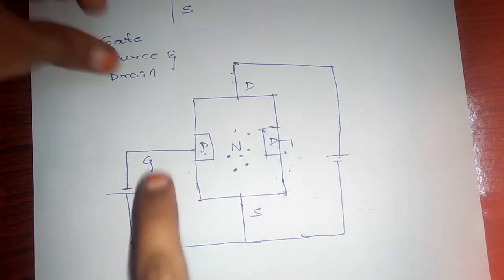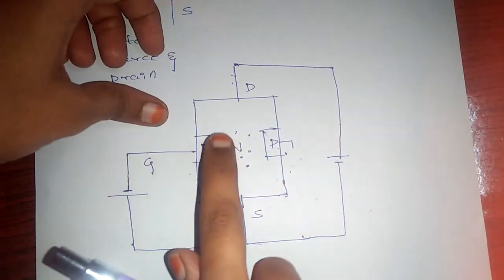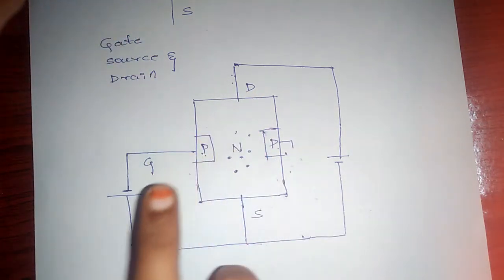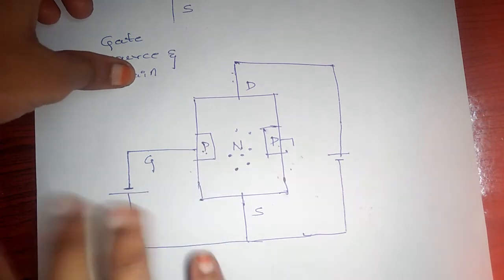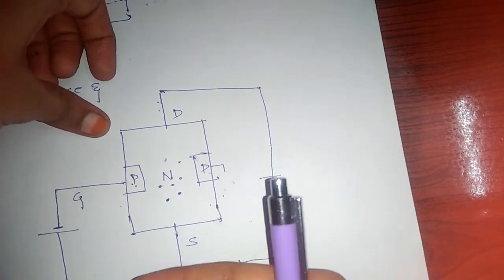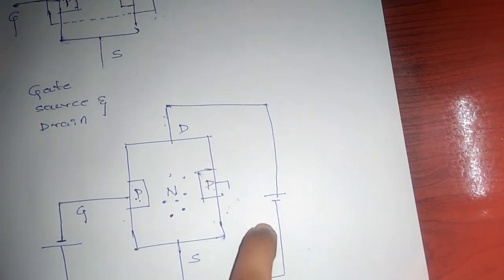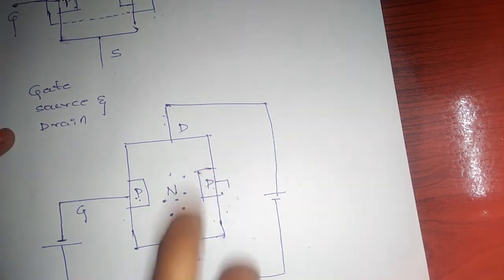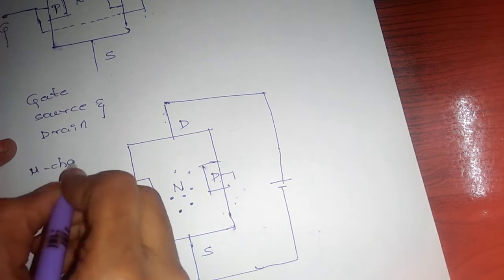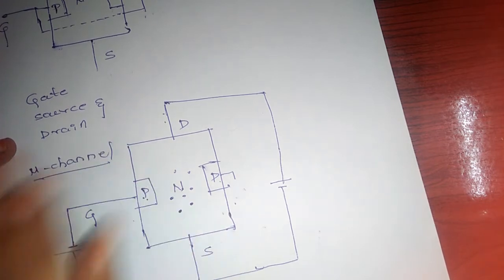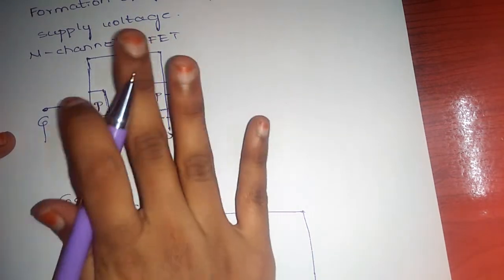So here is how we give the supply to a FET. First, we have to keep in mind that we have to reverse bias the gate voltage. And to get the correct supply, we give negative to the source and positive to the drain for an N channel. So this is the supply and this is the physical construction.